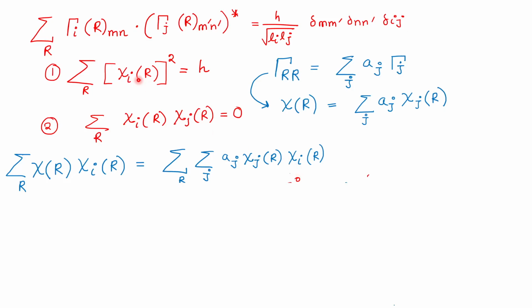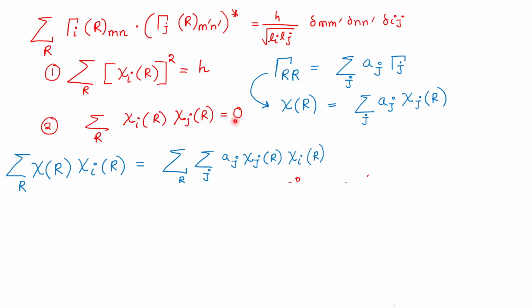So what will happen when j is not equal to i? That time it is going to follow the second equation, the orthogonality one. So i is not equal to j, then those sums will be 0, since chi 1 and chi i may not be equal.